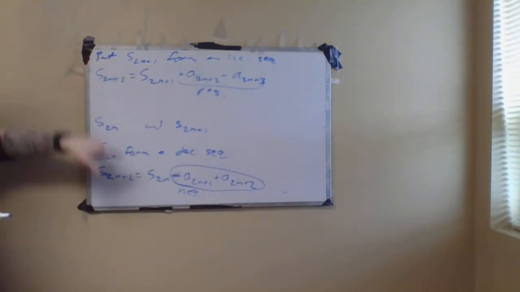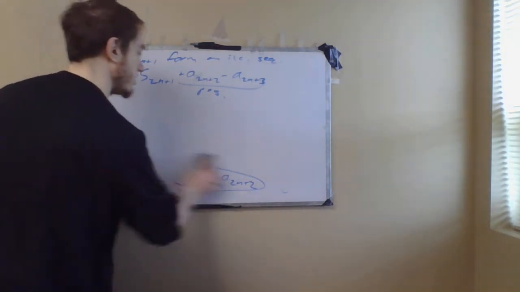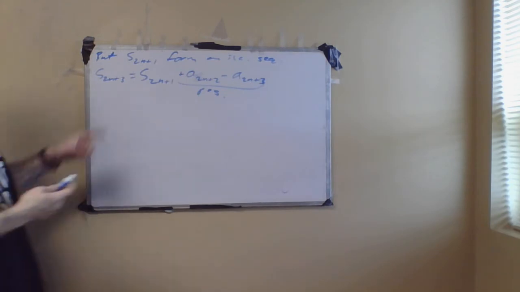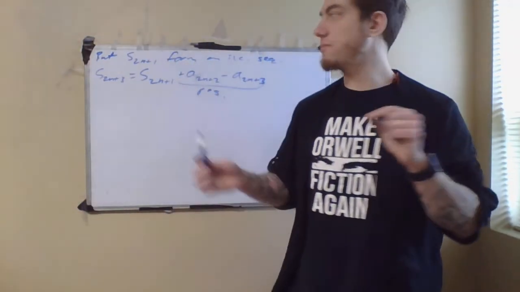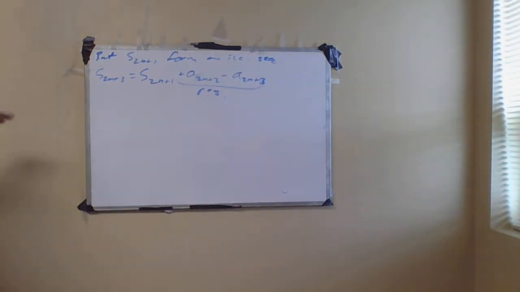So this is an increasing sequence and this is a decreasing sequence. The other thing to notice is that the odd partial sums bound the even partial sums from below, and the evens bound the odd from above.